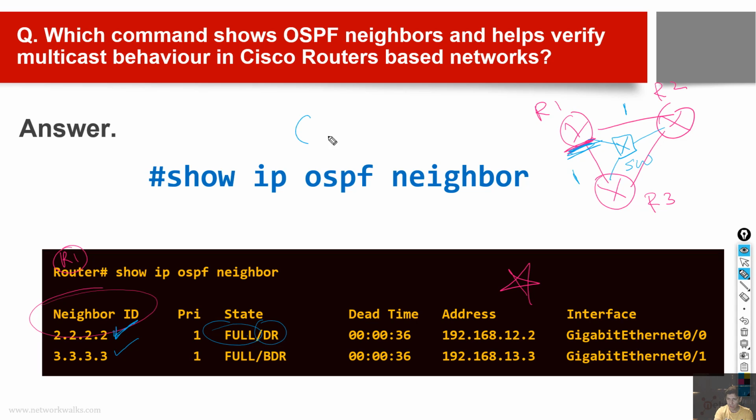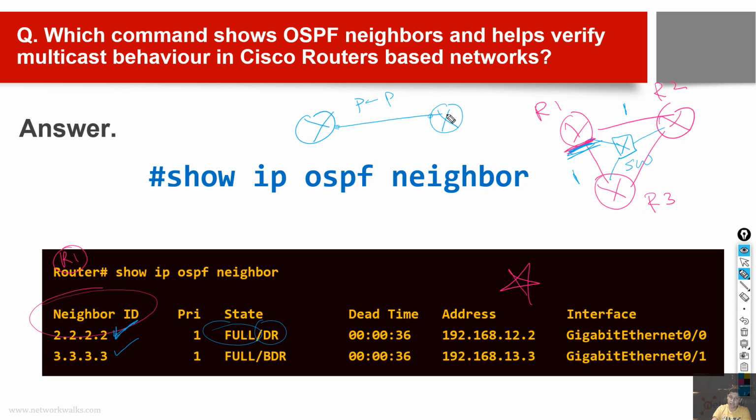Sometimes we have a network which looks like point to point, but actually it doesn't become point to point unless you specify in the OSPF interface command that yes, this is point to point. It doesn't matter physically how the network is, but logically how the network is.